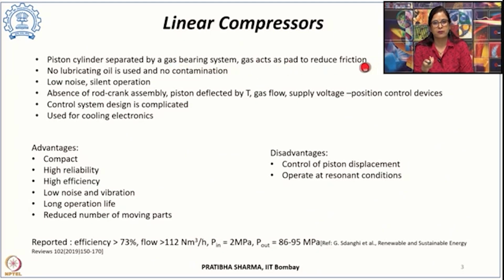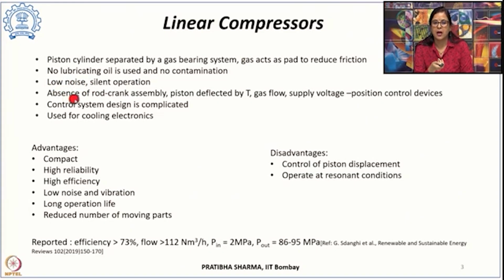Even though we are not using any lubricating oil, we are still able to reduce the losses, and we can even achieve reduced contamination. So no contamination, we can get pure hydrogen. At the same time, the operation of these compressors is noise free. So it is a silent operation with low noise.